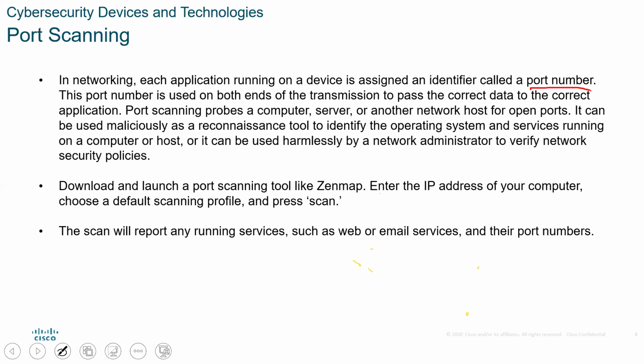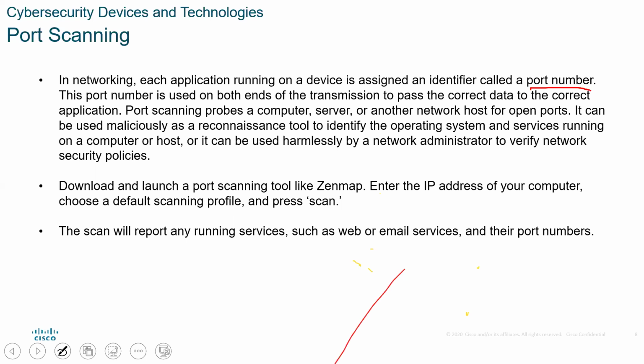This port number is used on both ends of the transmission to pass the correct data to the correct application. So port scanning probes a computer server or any network host for open ports.